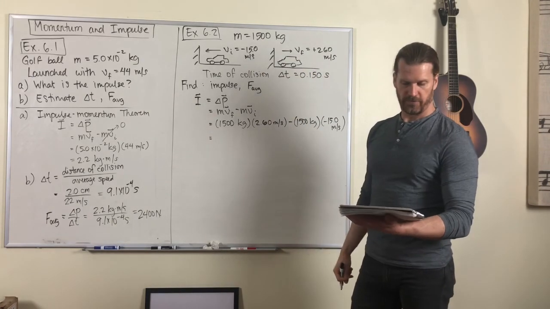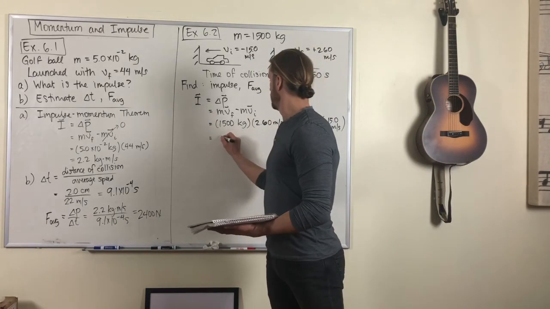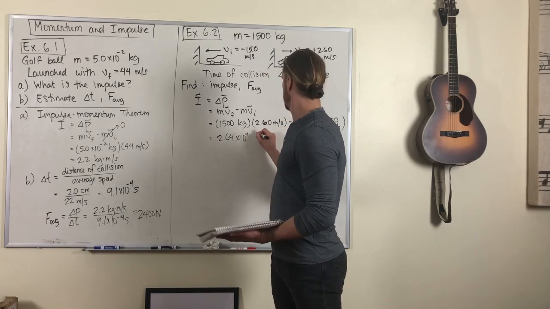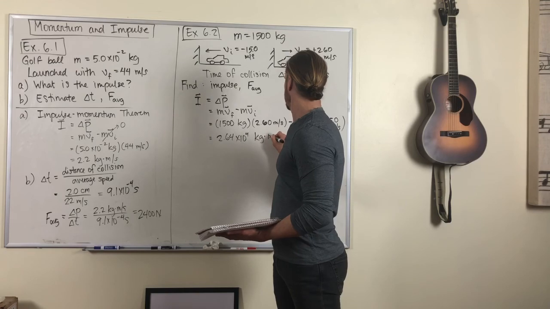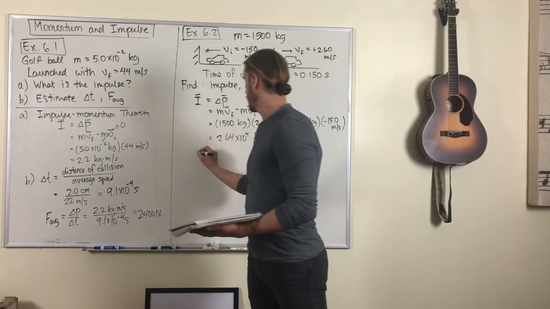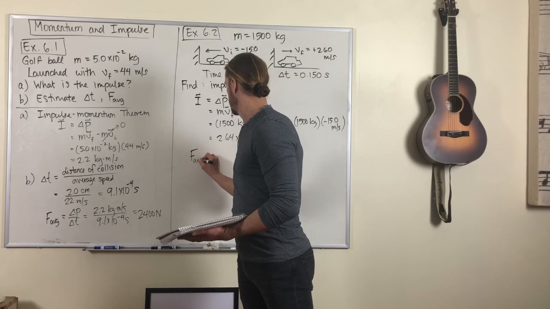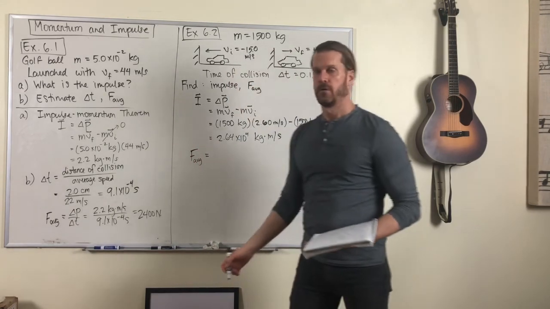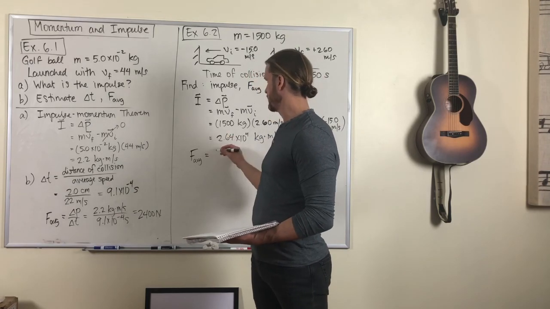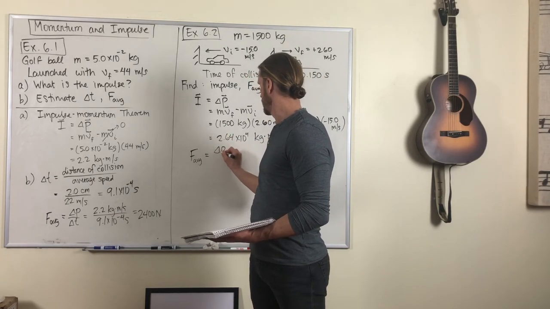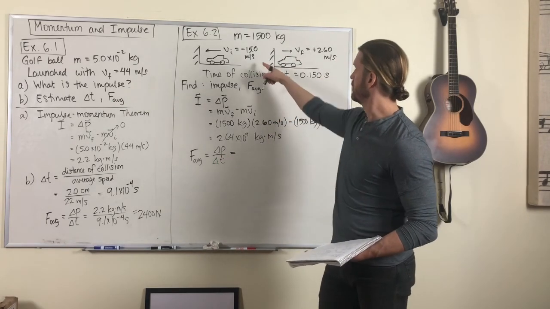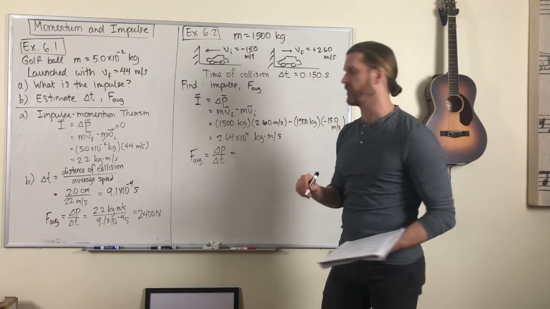So that impulse is 2.64 times 10 to the 4 kilograms meters per second. And we find the average force by dividing that impulse, or change in momentum, by the time of collision, which was 0.15 seconds.